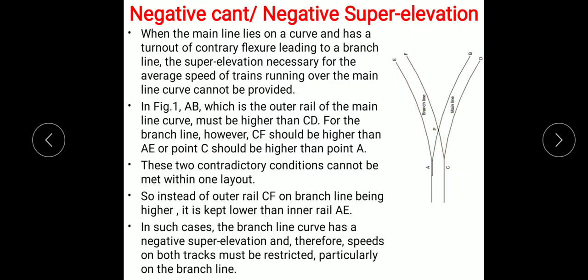So, instead of outer rail CF on the branch line being higher, it is kept at a lower level than rail AE. In such cases, the branch line curve has a negative super elevation and therefore speeds on both tracks must be restricted, particularly on the branch line, and this is called the concept of negative cant or negative super elevation.